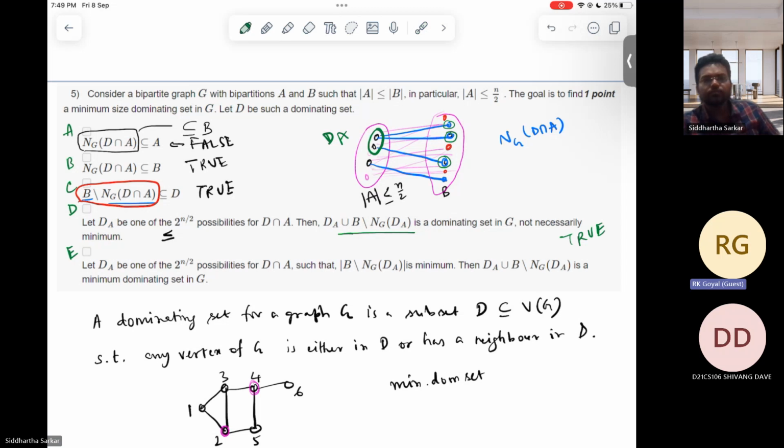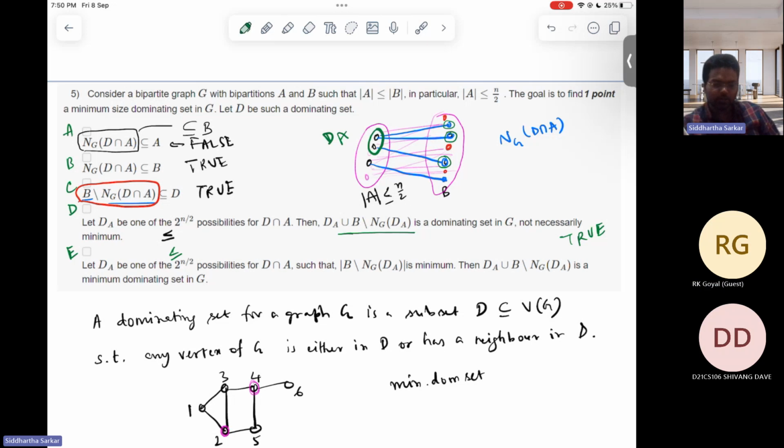And the last one is the opposite of it, I think. Let dA be one of the at most 2 to the n minus 2 possibilities for D intersection A such that B minus the neighborhood of this set is minimum. Then this thing is a minimum dominating set.